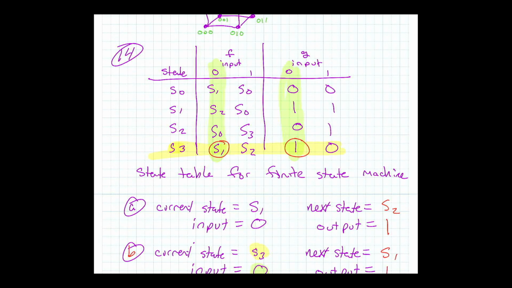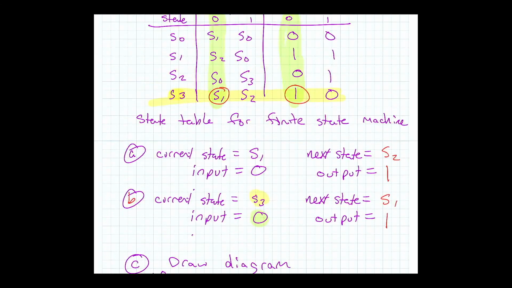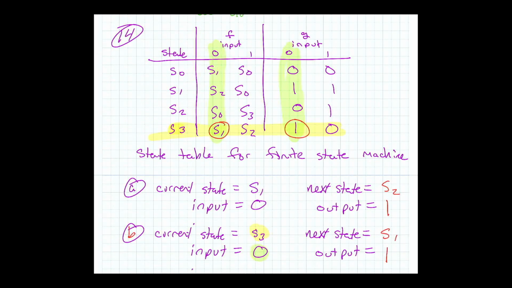So S1 to S2 and S1 to S0. 1 to 2, 1 to 0. So we can go 1 to 2 or 1 back to 0. Those are the 2 choices. Now it's input 0, right? S1 to S2 is input 0.